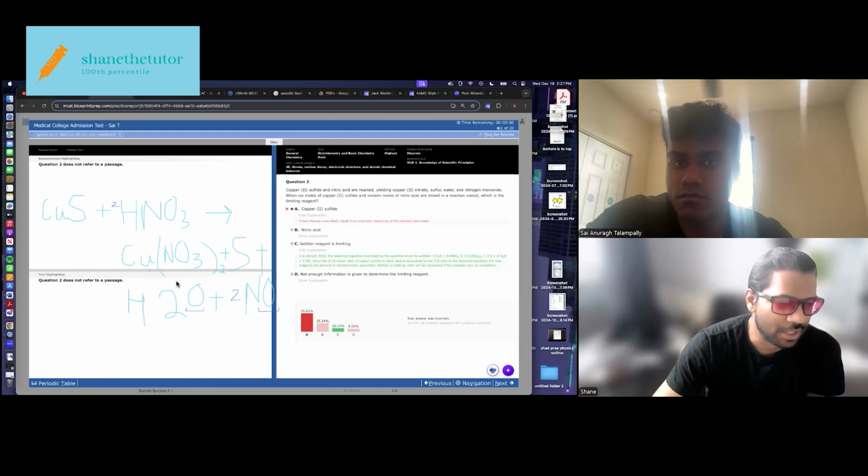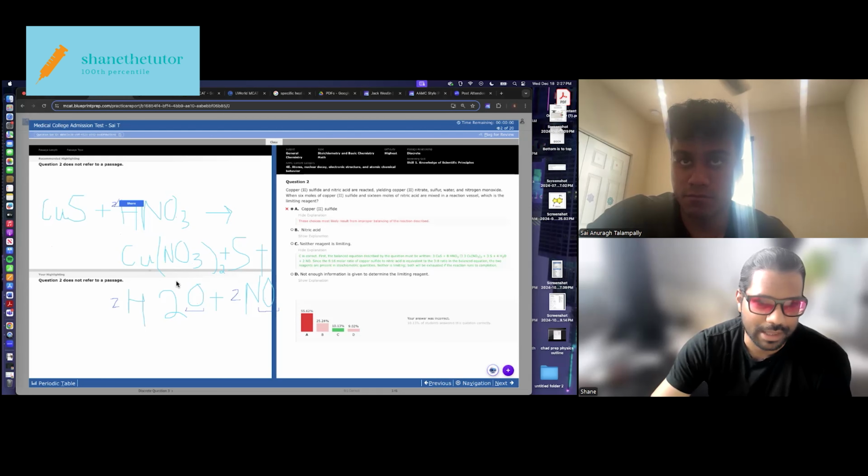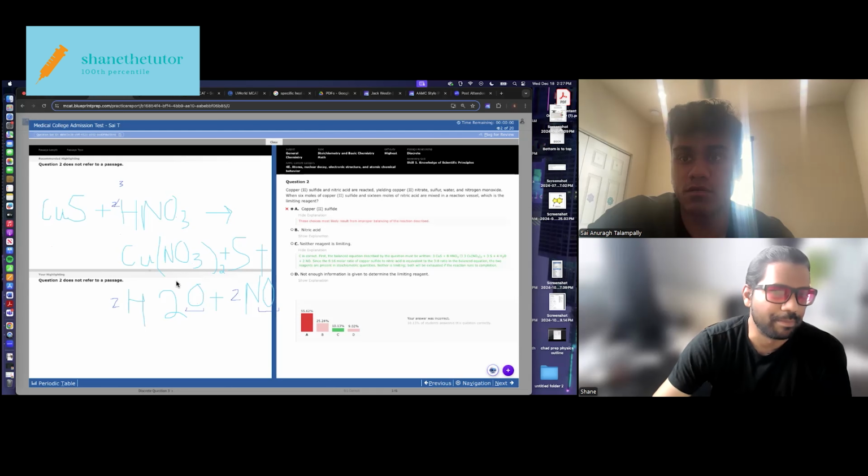Then on the right we have six plus two, which is eight, plus two, which is 10 oxygens. And then going back, for the six oxygens here to get 10, you can't get 10 because that's not a multiple. So this could be a three then. Okay.